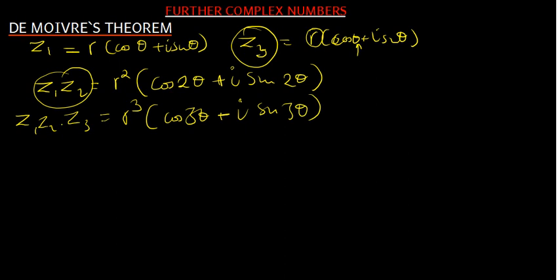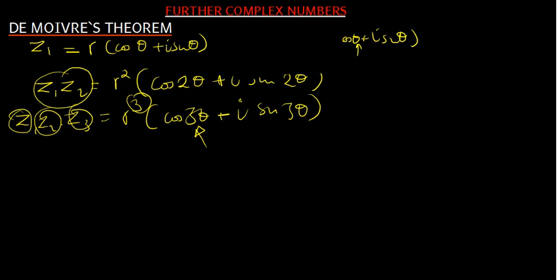This is telling us that if we continue doing this, depending on how many things we have multiplied, that will be the power. So if there are 4, then that will be power 4, and there will be a 4 here. If there are 5, just like that.